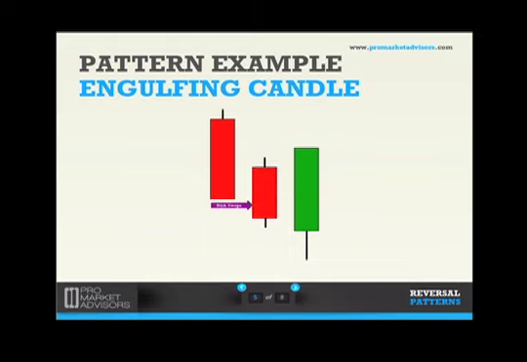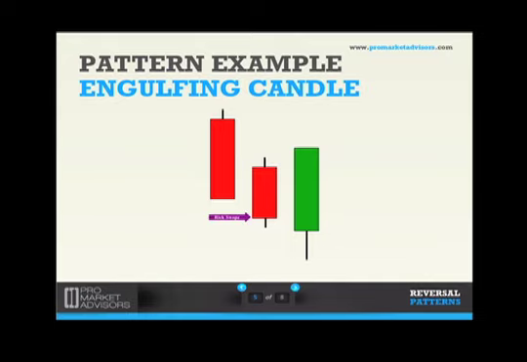All right? Now, how did that happen? Well, here's how it happened. On a downtrend, you notice that on this red candle, the open is right here, and the close is right here. So the stock or the price, whatever it is you're looking at, could be the currency pair, closed at the bottom of the red candle.